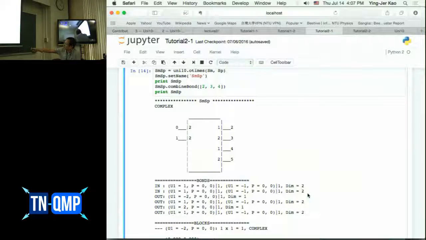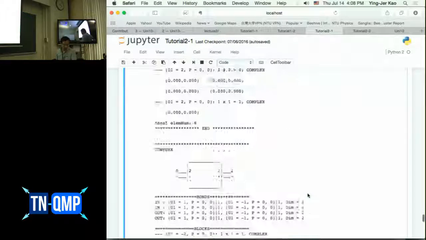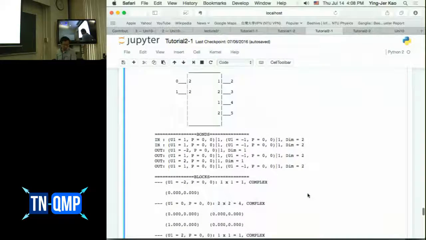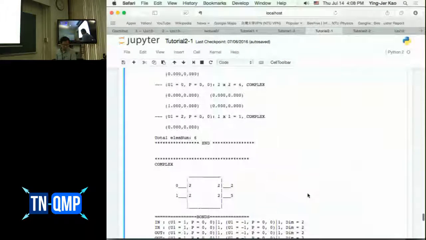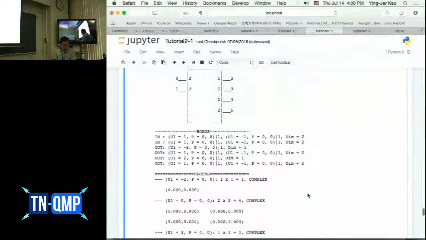So what are these? Well, it's just additional bonds that carry the quantum numbers. Yes, I think so. Right, so they're the ones that have dimension 1 here, I guess, right?